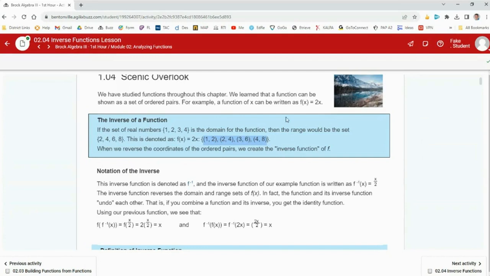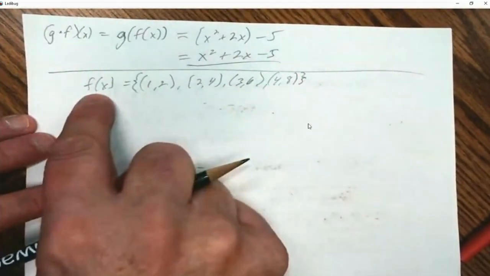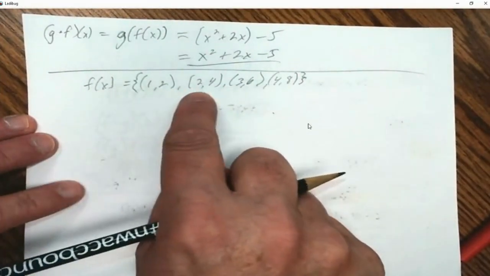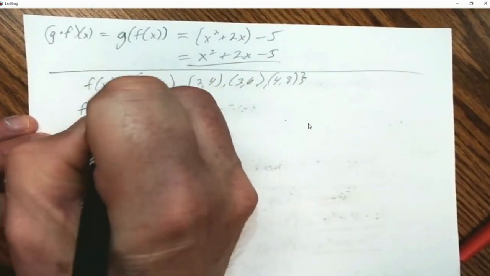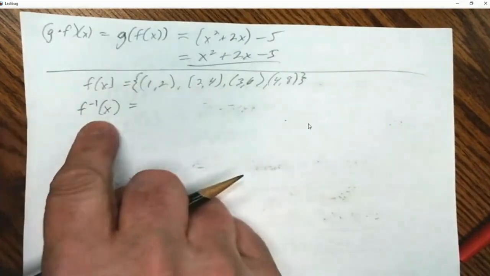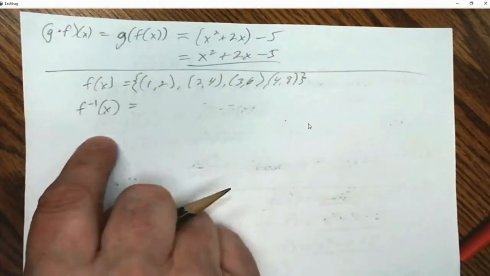Okay. This is good to catch too. If these are points that are on f of x, (1, 2), (2, 4), (3, 6), (4, 8), and we have the inverse, that's how we say it in function notation. This is the inverse of f of x.